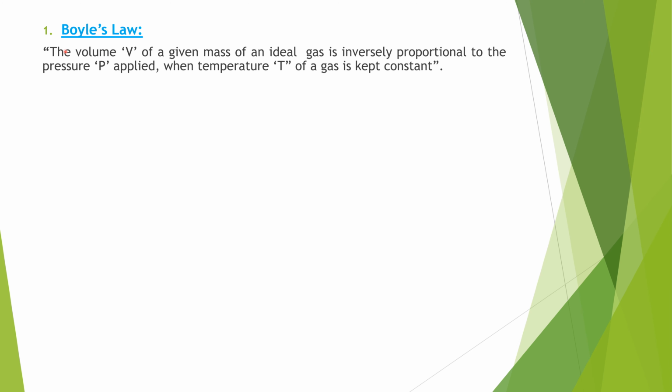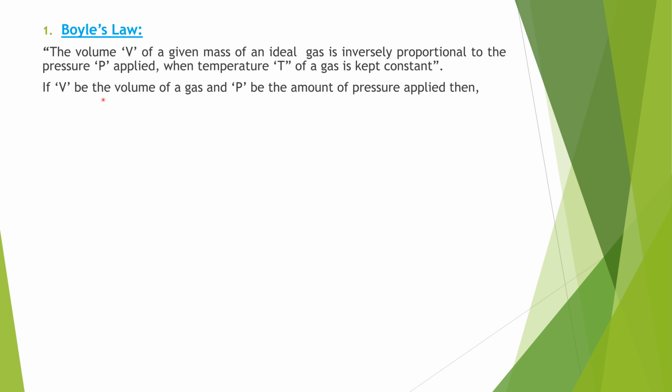So the first verification is of Boyle's law. For that, we need to understand what Boyle's law states. Boyle's law states that the volume of a given mass of an ideal gas is inversely proportional to the pressure applied when the temperature of the gas is kept constant.